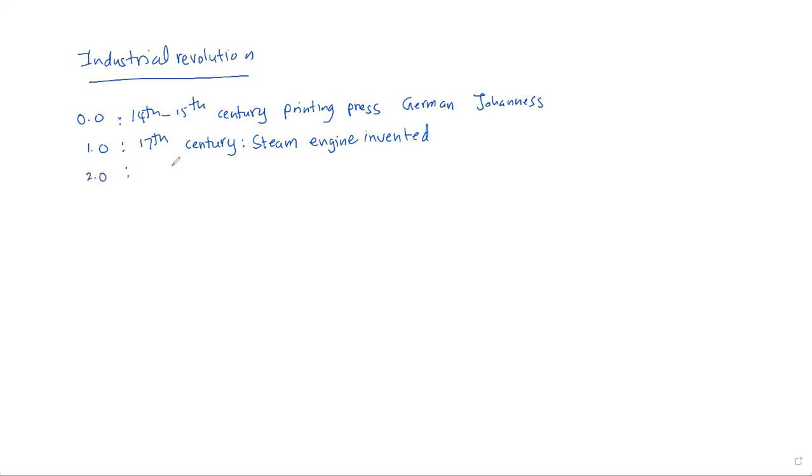Industry 2.0 happened in the 18th century. This is basically regarding the usage of electricity to run machines and do the work of production. So utilization of electricity for mass production.